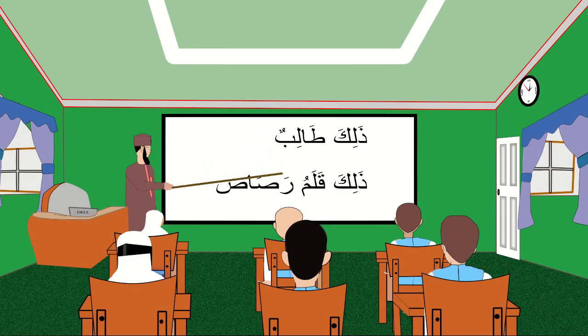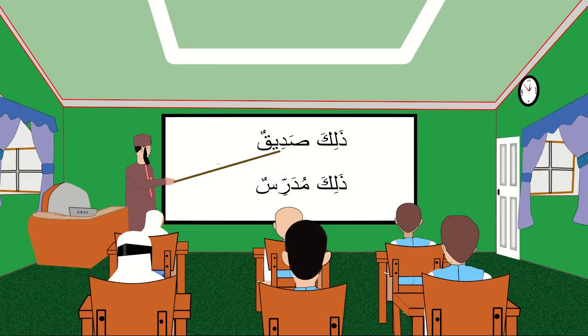This you say ذلك قلم رصاص, that is a pencil. ذلك صديق, that is a friend. Don't forget, a male friend.